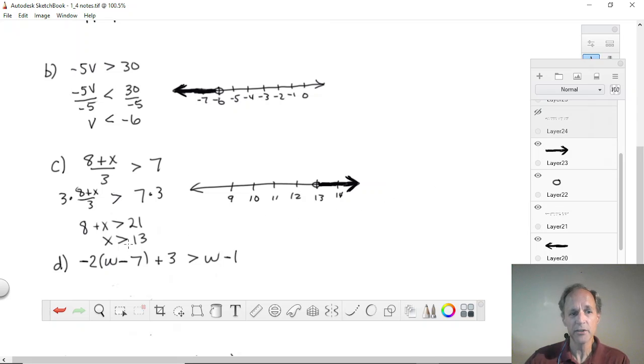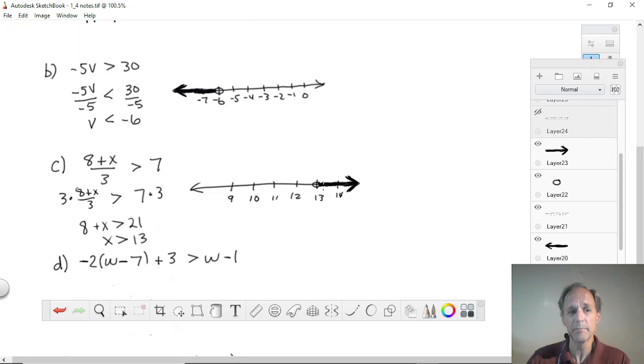And we could test 13, sort of the border point. Put in 13 for x. 8 plus 13 would be 21. Divided by 3 is 7. 7 greater than 7 is false. 7 is not greater than 7. So 13 does not satisfy this, but it almost does. It's right on the borderline, right?